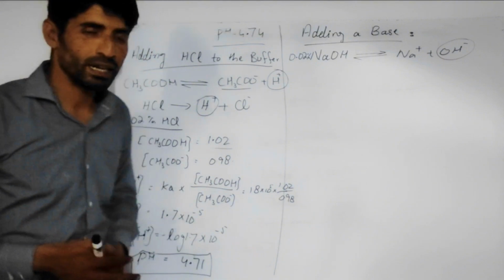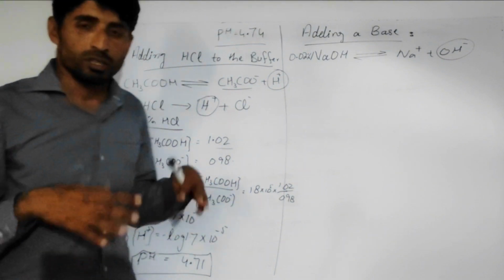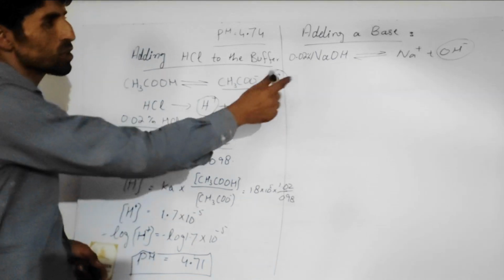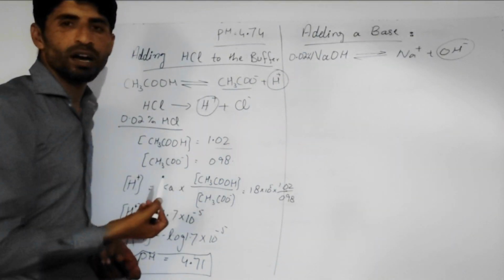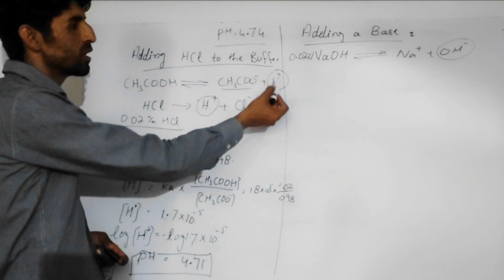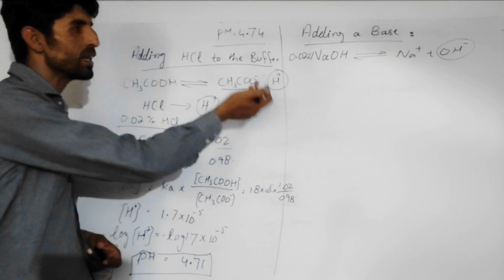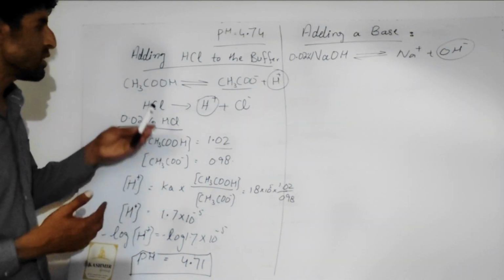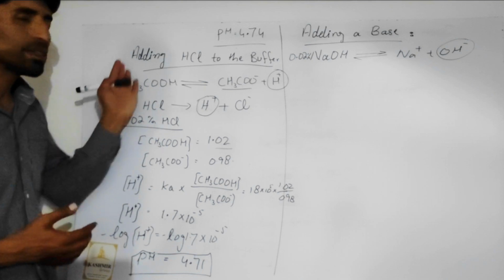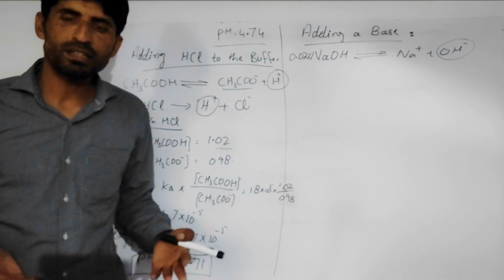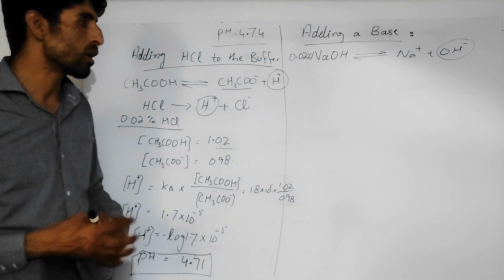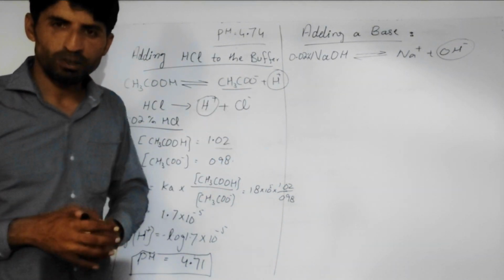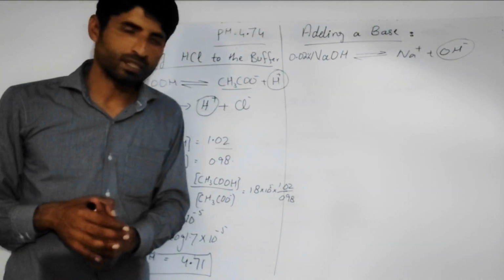of hydroxide ion. So let us summarize: due to the introduction of a base in the solution, the hydroxide ion will react with the hydrogen ions and the concentration of hydrogen ion will decrease, and equilibrium will shift towards the backward direction, and from there the acetic acid will again ionize into the solution to compensate and to balance the concentration of hydrogen ion to overcome the deficiency.